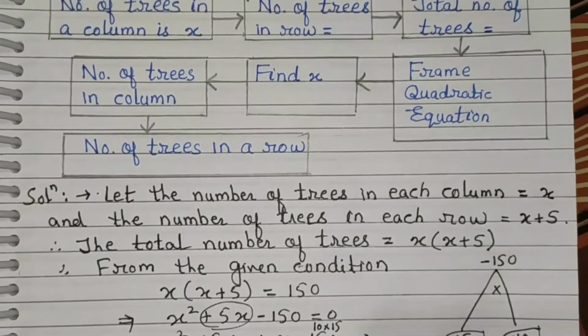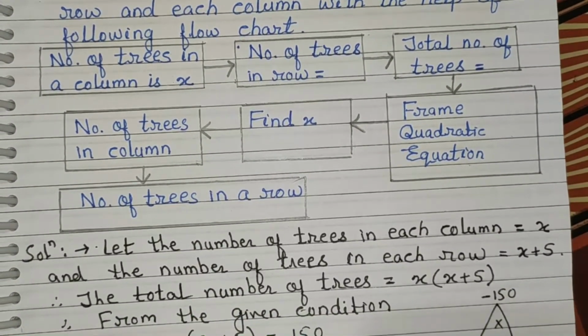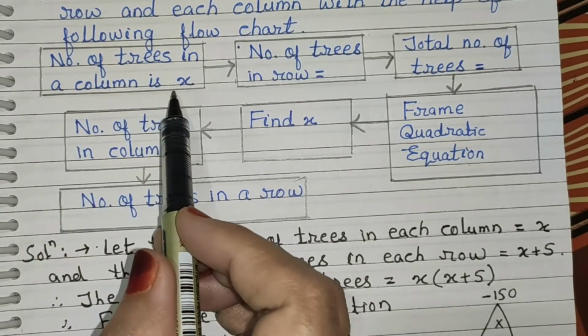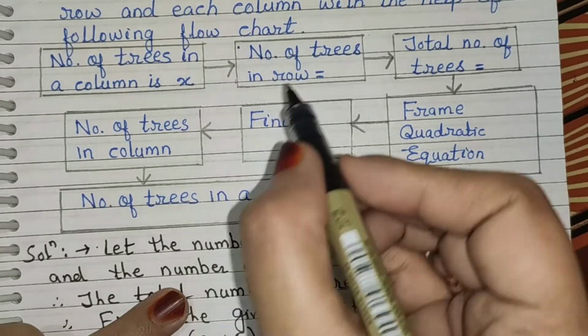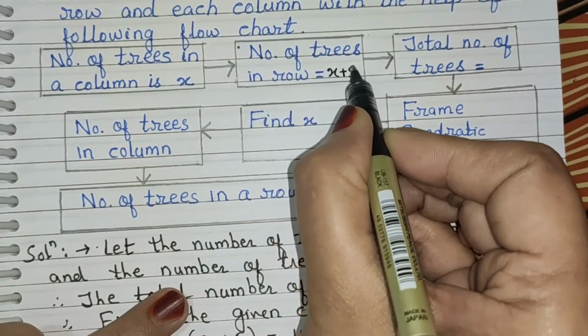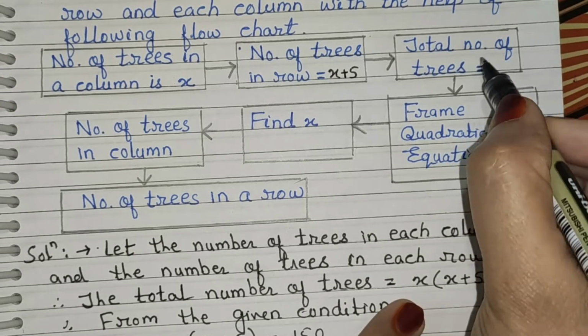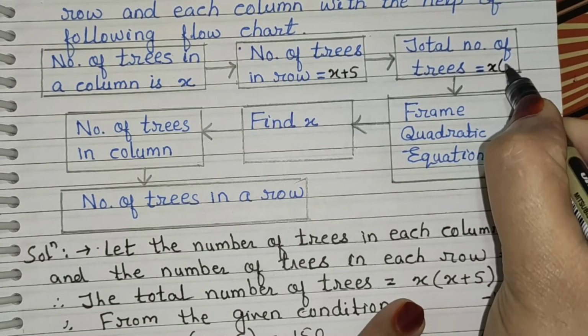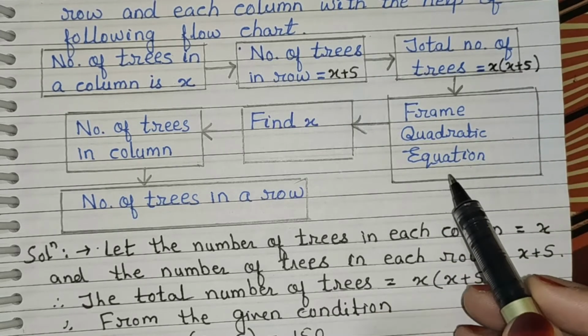Now look at the flow chart here. Number of trees in a column is x. Number of trees in row we get here x plus 5. Write down here x plus 5. Now total number of trees means x into x plus 5. Now the second, frame quadratic equation.